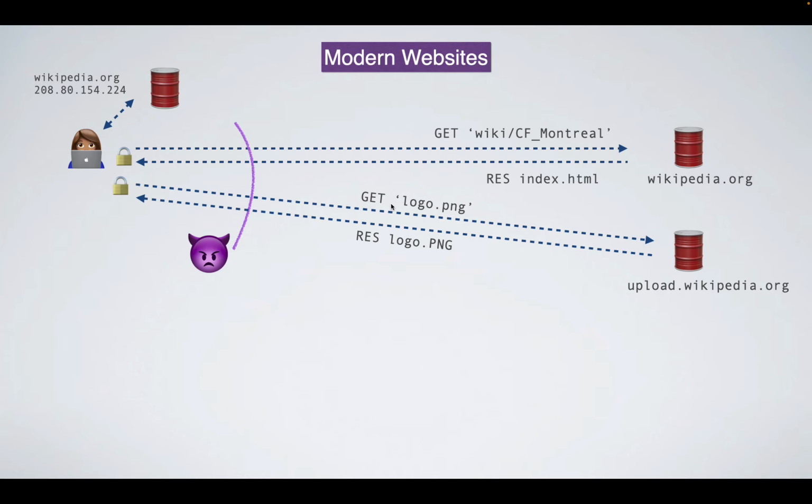They don't know what logo I'm asking for. They don't know the file name of the logo. That's going to be part of the path. And they don't see the picture itself. So the picture, the name of the picture, the article I'm reading, the name of the article, all that stuff is hidden. The things that aren't hidden are just the source and destination by IP address. Does that sound good?